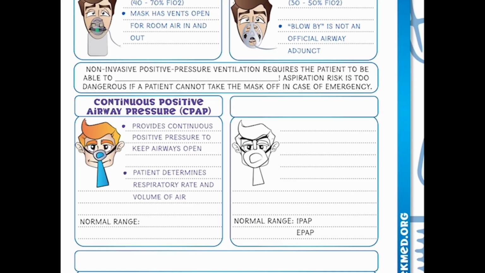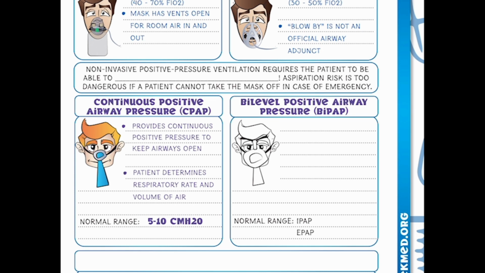It can also be used in our heart failure, or when a patient is just having that moment of deoxygenation and needs a little bit of help. So with our CPAP, the patient determines the respiratory rate and the volume of air. And they really select this by how they're feeling. Our normal range is going to be 5 to 10 centimeters of water pressure to keep those airways open while they're using a CPAP machine.